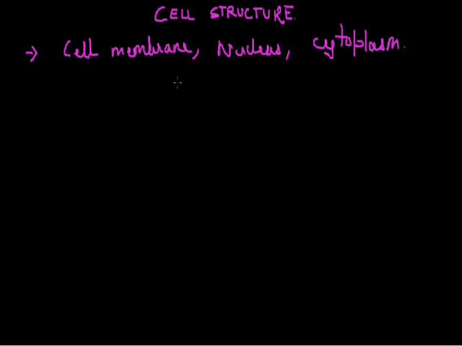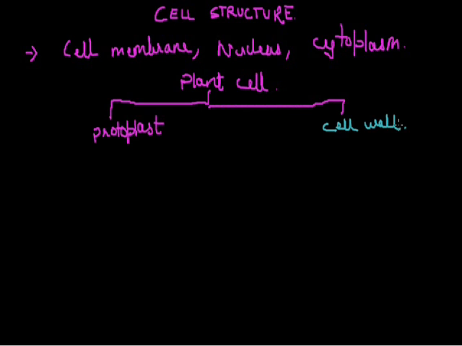If we want to see a plant cell and study about it, the plant cell has the protoplast and the cell wall. Now if we talk about the protoplasts, what does the protoplast contain? The protoplast contains the cell membrane and the protoplasm.